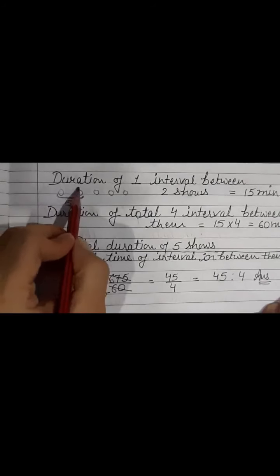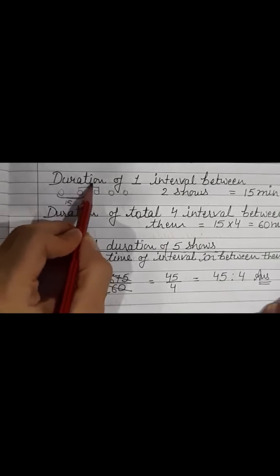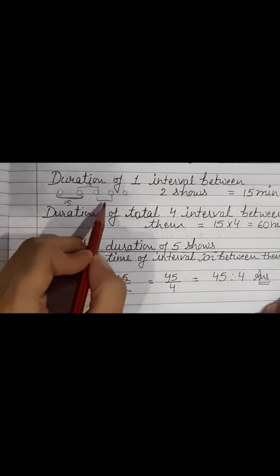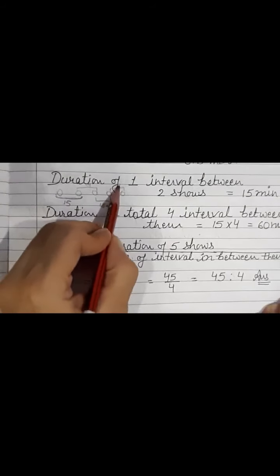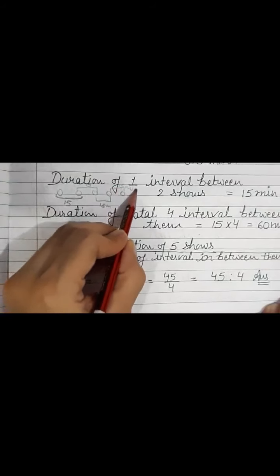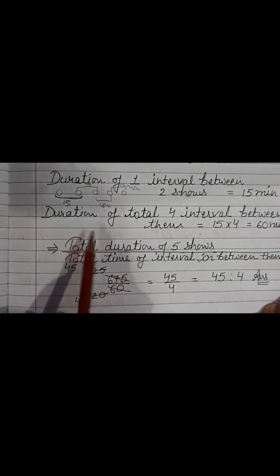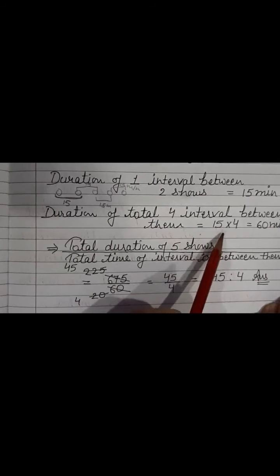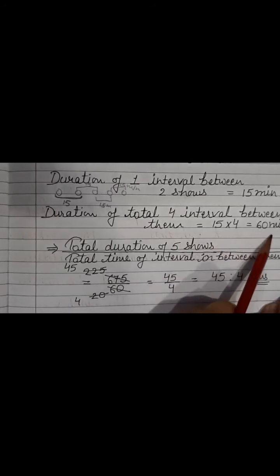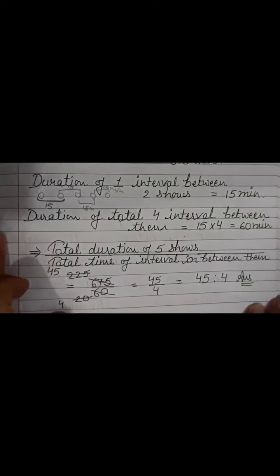So next two shows will be 15 minutes. Next two shows will be 15 minutes. And next two shows will be of 15 minutes. Is it clear? So total duration of 4 intervals between them will be 15 into 4, 60 minutes. Is it clear?